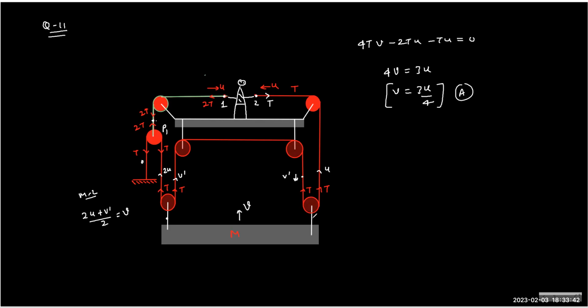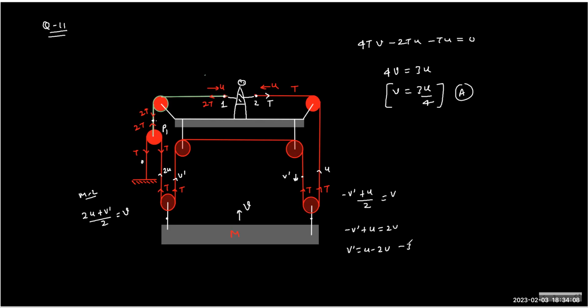And this is going up, so we can say V dash is going down, u is going up, by 2 is equal to V. So basically V dash we can replace from here. Minus V dash plus u is 2V. So V dash is u minus 2V.